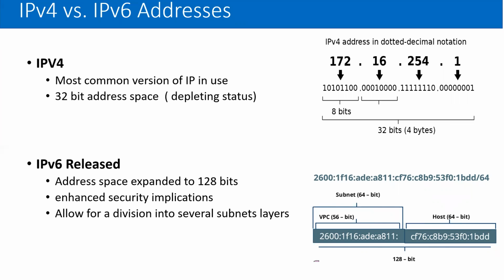IPv6 has 128 bits of addressing data available, and it almost gives us an infinite number of addressing options. It also has enhanced security and is designed to be more efficient. The challenge is getting people to transition from V4, which they're used to, to V6.